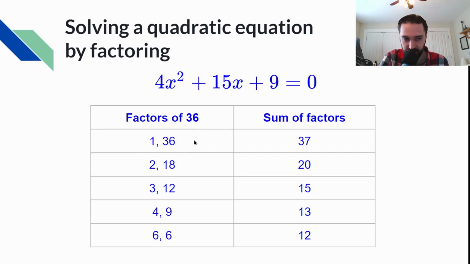But we're going to skip those because the answer is already in this table itself. The answer is right here, actually. 3 times 12 is 36, and 3 plus 12 is 15. So that's the combo we're looking for. We don't need to look at the negative numbers. So I have p equals 3 and q equals 12.